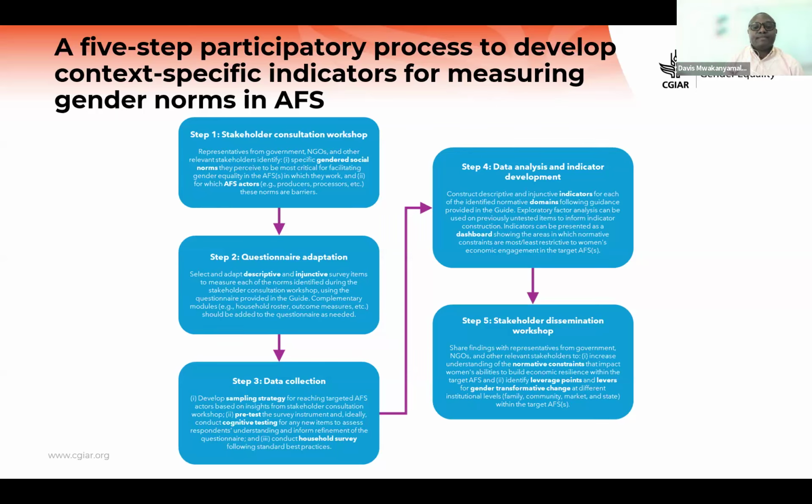But overall, the process intends to help users apply the framework and concept presented in the guide, identify the gender norms in target agri-food systems, and finally develop quantitative indicators for measuring such norms. The process also provides examples for each of the steps based on the piloting of the guide in Tanzania and Nigeria. Next, please.